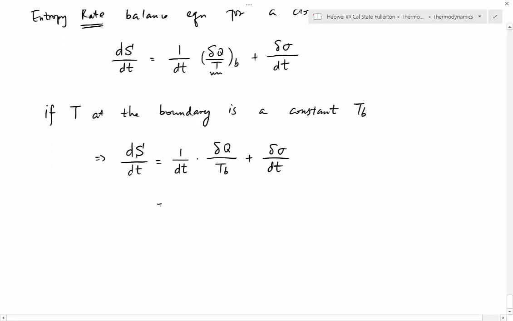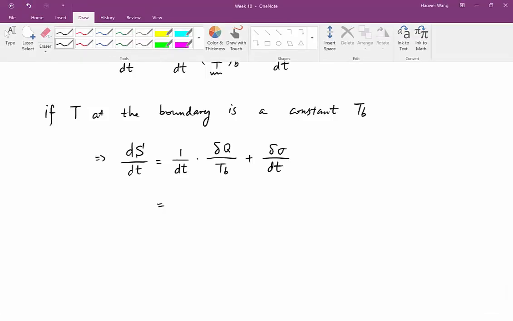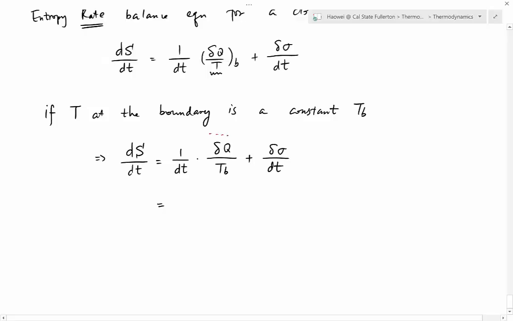Okay, so now let's take a look. What do we have here? What we have is delta Q over dt. What is that? Heat transfer over time. That is called the heat transfer rate. So those two terms combined are just the heat transfer rate, which is Q dot divided by TB.